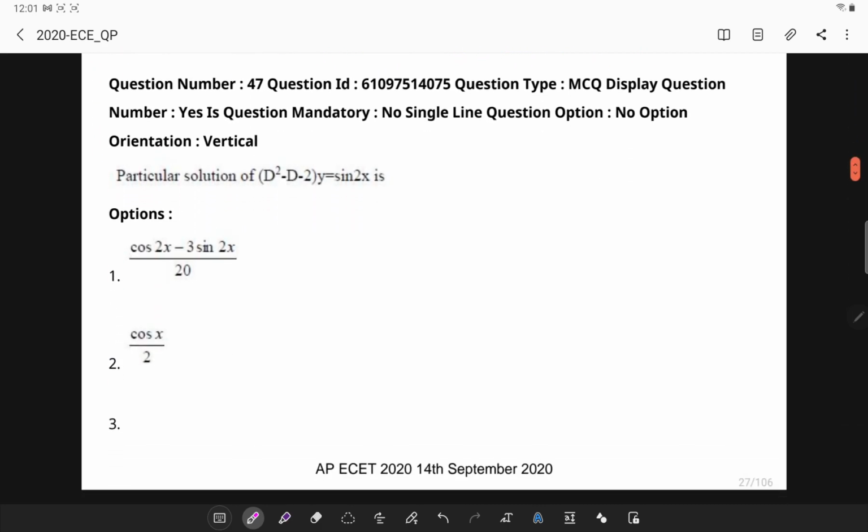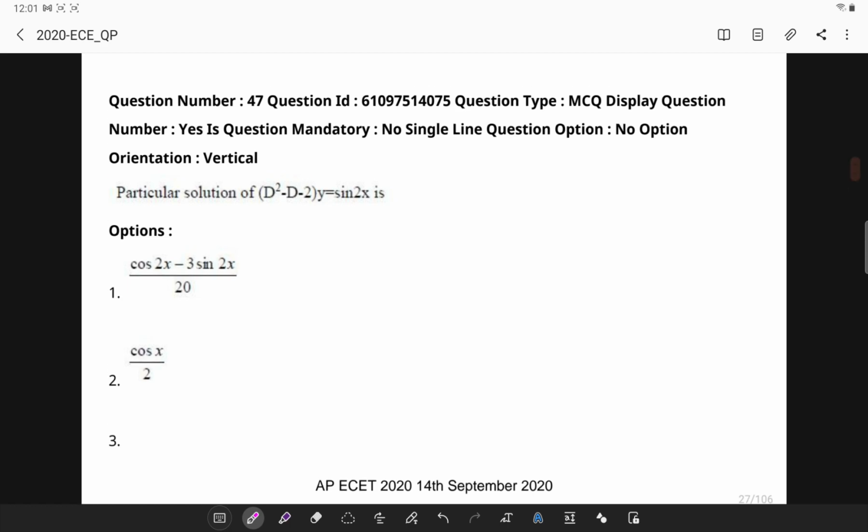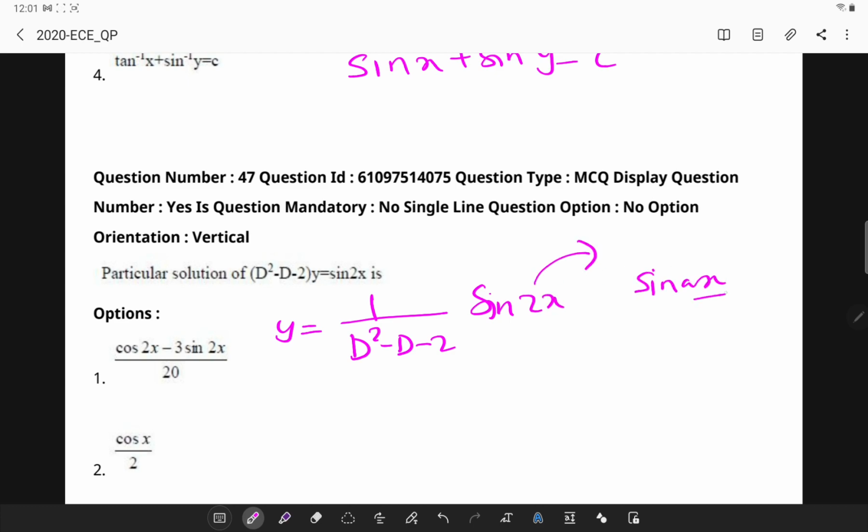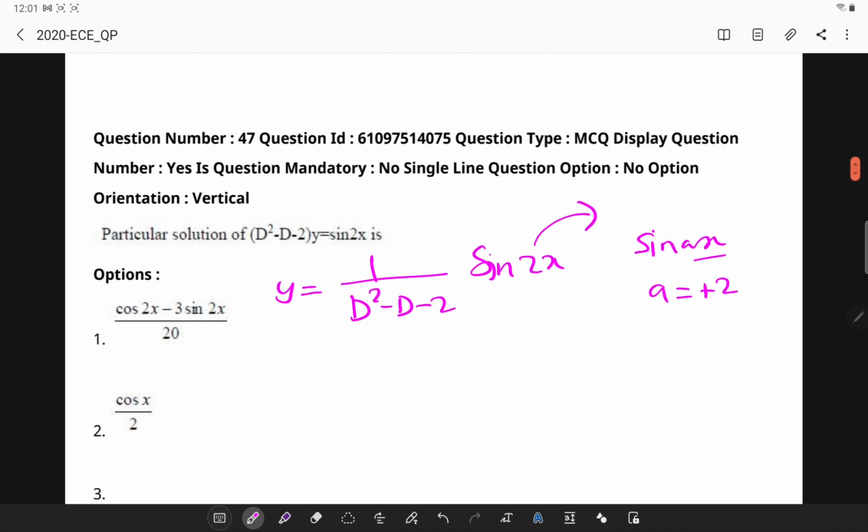So the next question is again related to differential equations. If I see this, you can simply write this as 1 by d square minus d minus 2 into sin 2x. Here we have to compare it to the standard notation sin ax. So a is plus 2.